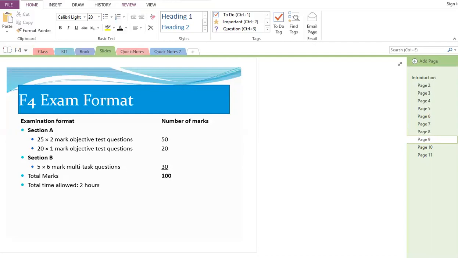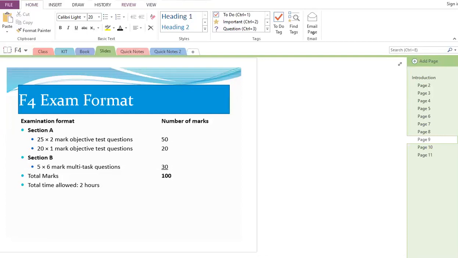Objective test questions are normally 1 line or 2 line questions, and certain options are provided. This is a computer based paper and it has 70 marks in total. Whereas section B has multitask questions in which a scenario will be provided and different options will be given.